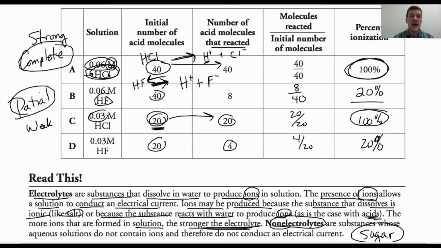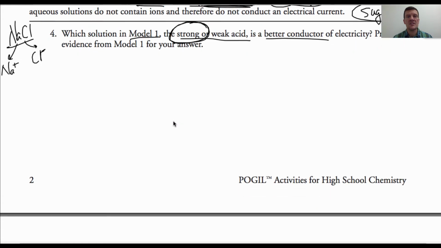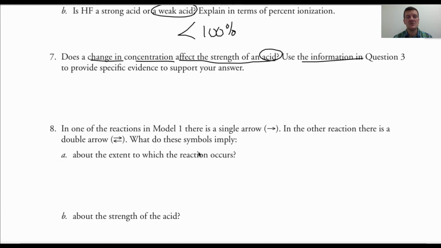Doesn't matter how much you have of it. That's the point. So HCl is always a strong acid. Doesn't matter if you have a little of it or a lot of those particles. 100% ionization indicates it is strong. Okay?